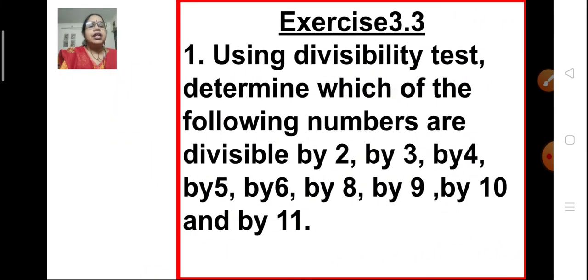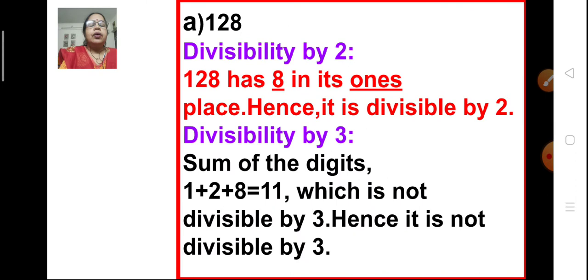Let's take the first example, 128. Its divisibility we have to check by 2, 3, 4, 5, 6, 8, 9, 10 and 11. So let's check first its divisibility by 2. So divisibility by 2, what is the rule?